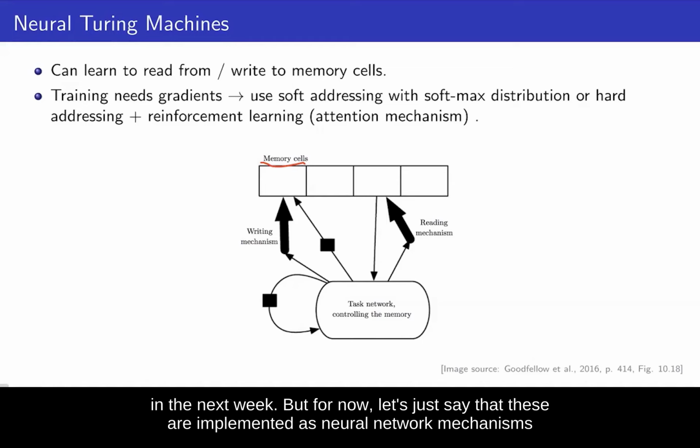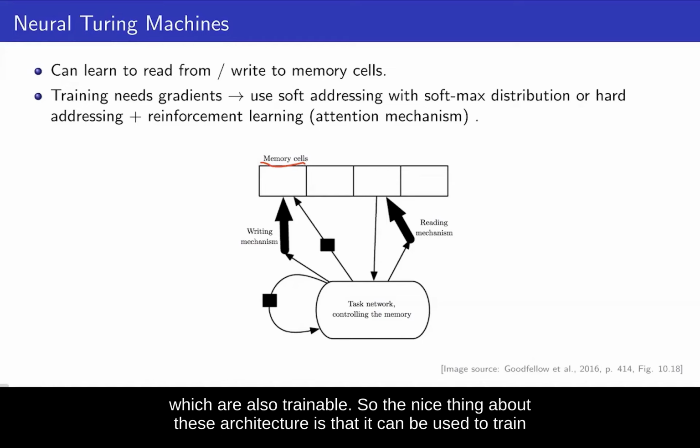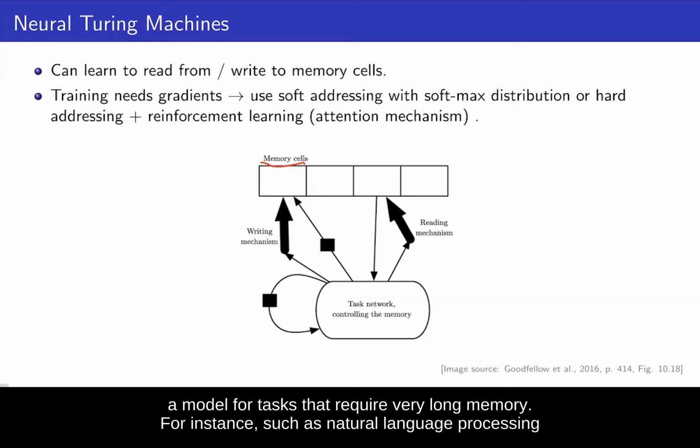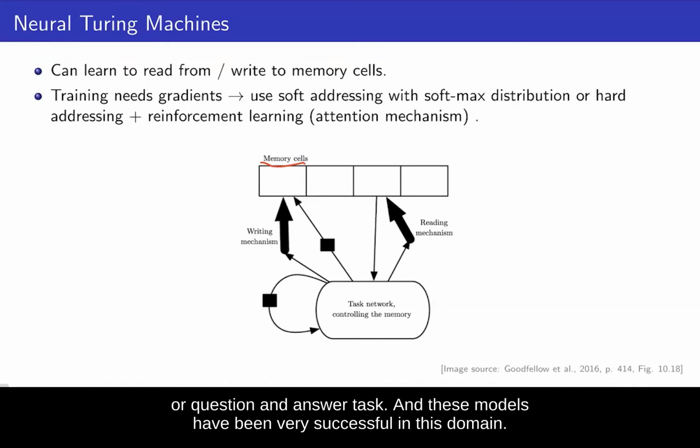But for now, let's just say that these are implemented as neural network mechanisms, which are also trainable. So the nice thing about this architecture is that it can be used to train a model for tasks that require very long memory, for instance, natural language processing or question answering tasks. And these models have been very successful in this domain.